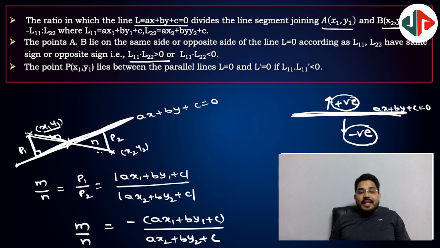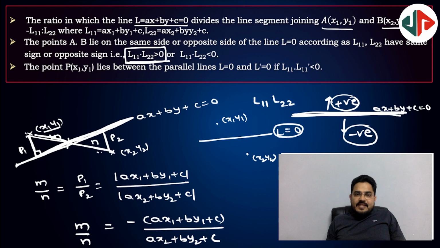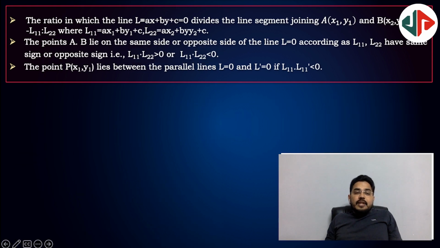Okay? And similarly, if this is the line L = 0, substitute x1, y1 in this L, we call it L11. Substitute x2, y2, and that is L22. If L11 into L22 is greater than 0, both the points are lying on the same side, and if L11 into L22 is less than 0, the points are lying either side. So L11 positive and L22 positive, both are lying on the same side.